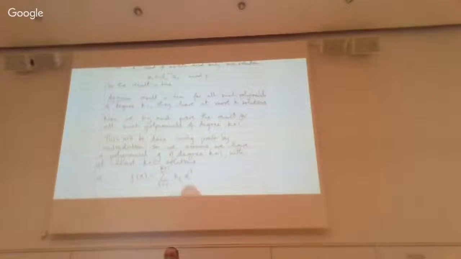So i.e., we've got a polynomial g of x, which is the sum of bi x to the power i, and its degree is k plus 1. So it's going from i equals 0 up to k plus 1, multiples bi times x to the power i all the way up to k plus 1. And this has at least k plus 2 solutions.